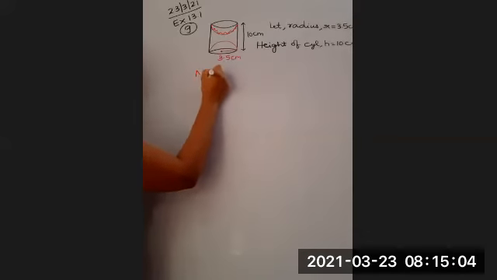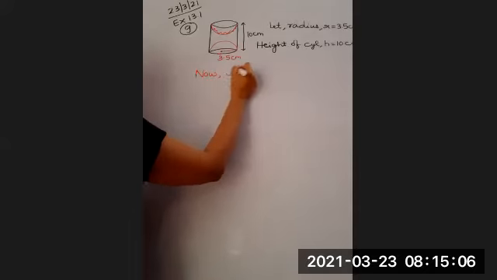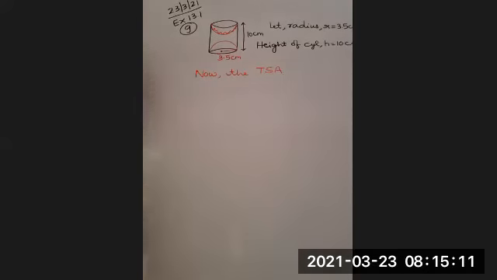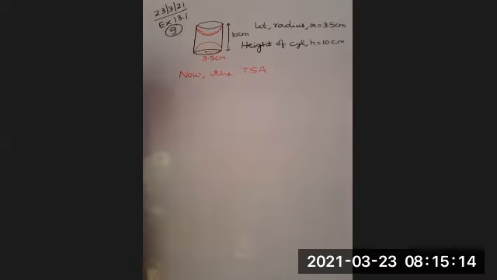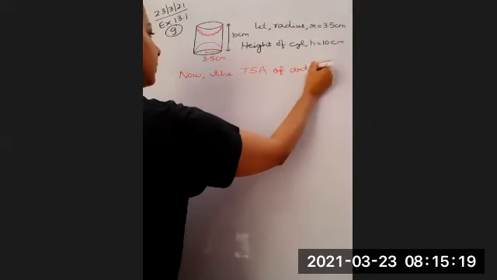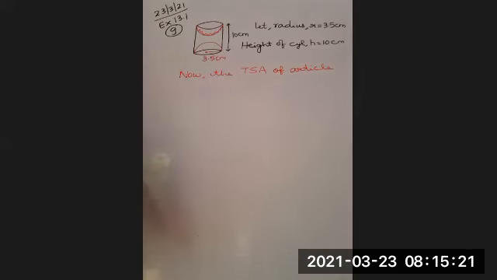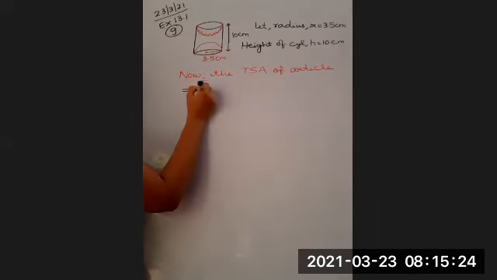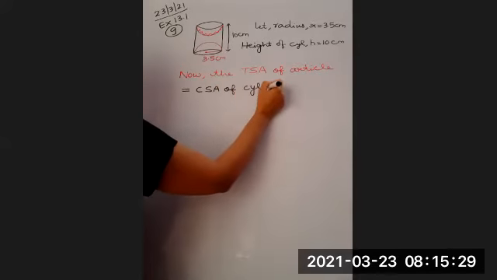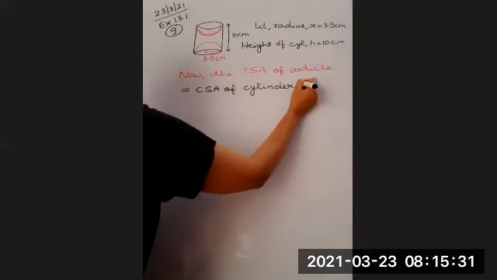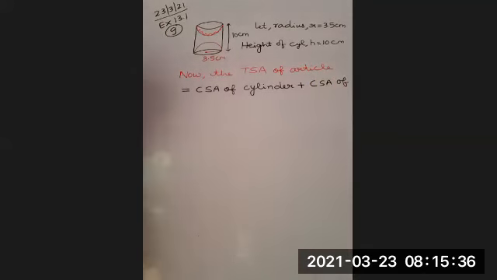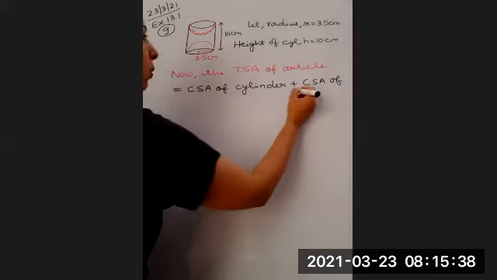Now, the total surface area, that is TSA, total surface area of article is equal to CSA of cylinder plus CSA of two hemispheres.